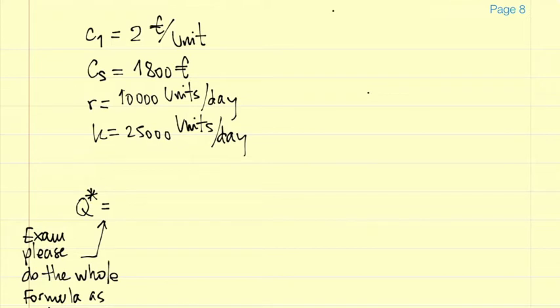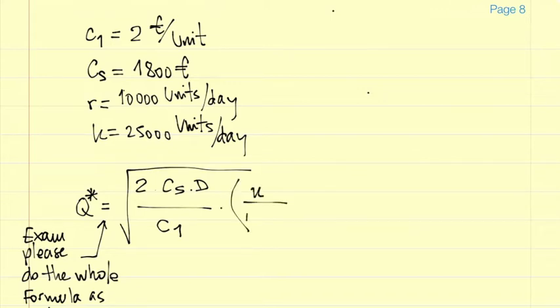Just applying the formula is not going to give you points. Okay, so the square root of 2 times CS times D divided by C1 times K minus R, and this equals 94868 units.